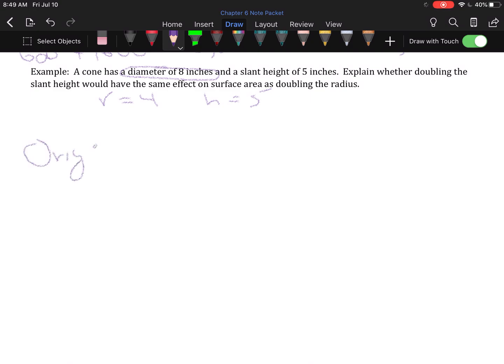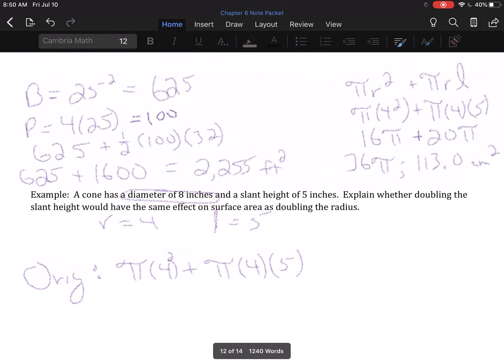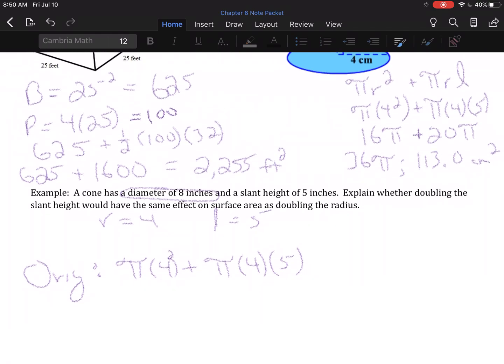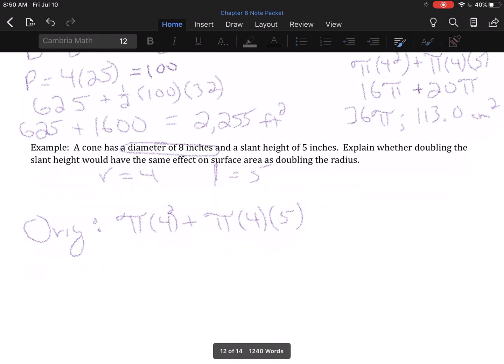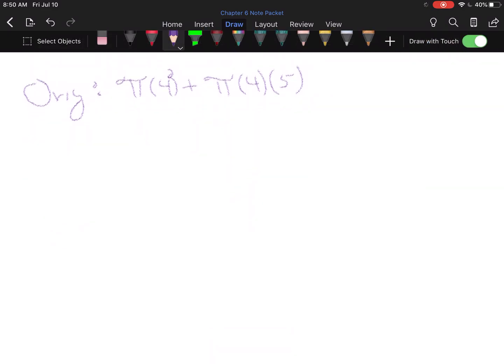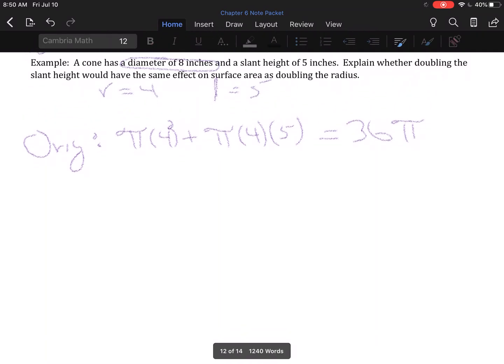The original is pi r squared plus pi r l. And I apologize, that's not h, that's l. L is 5. You may notice we just did pi 4 squared plus pi 4 times 5. This is 36 pi. I just described the original cone slightly differently.